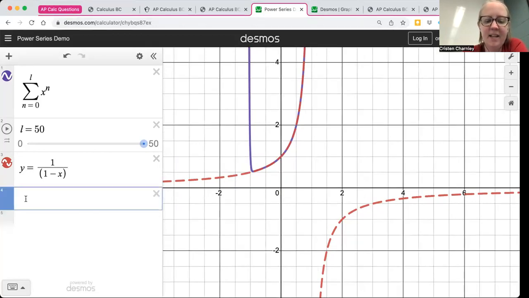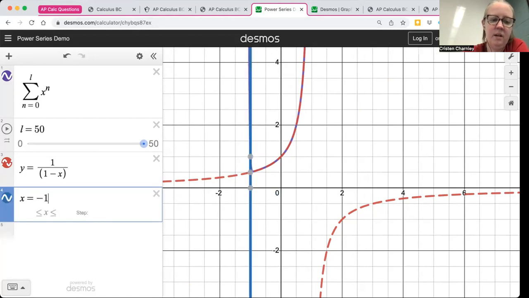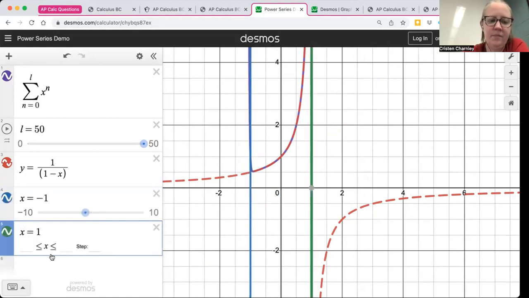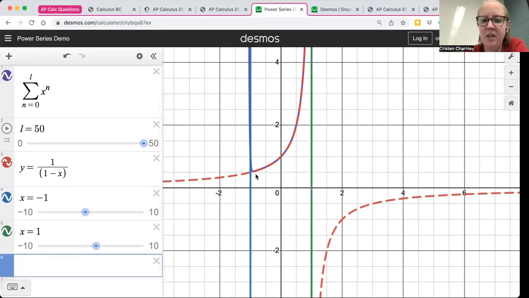That's because that's where we said the domain was. We said that this only works between -1 and +1. So when you look, yeah, sure, my series is a really good representation of 1 over 1 minus x only between -1 and 1. So we're writing those in the same way.